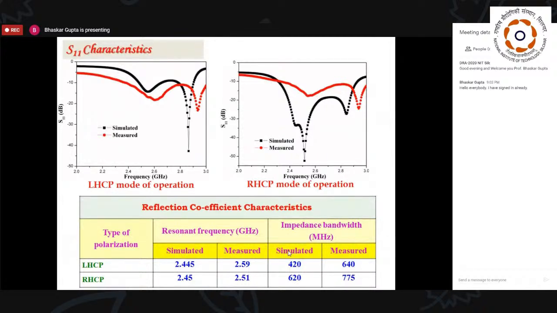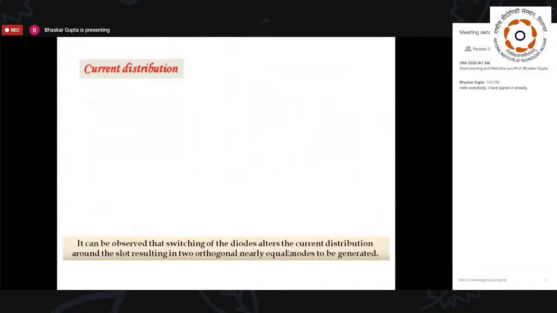If we take the measured value, which is always, as I said for other cases also, even greater than the simulated value, you see for LHCP at 2.5 gigahertz, I get 640 megahertz, and for RHCP at 2.51 gigahertz, 775 megahertz. Definitely an antenna worth considering.